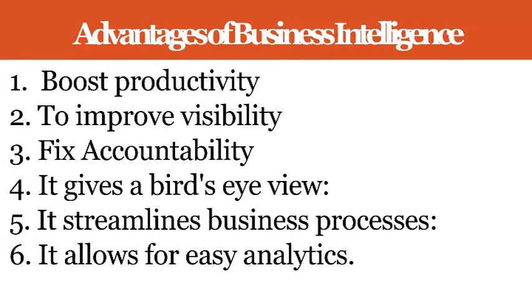BI systems assign accountability in the organization, as there must be someone who owns accountability and ownership for the organization's performance against its set goals. Then it gives a bird's eye view. BI systems also help organizations' decision makers get an overall bird's eye view through typical BI features like dashboards and scorecards.